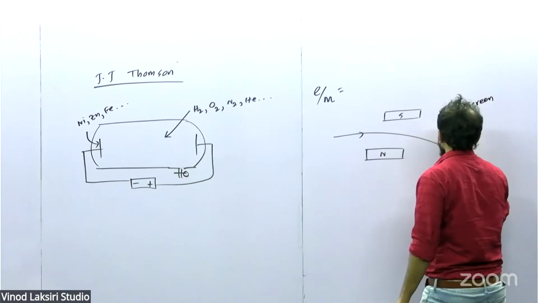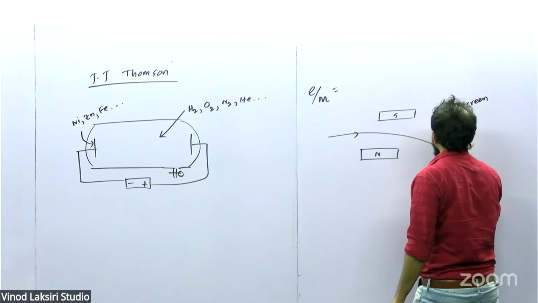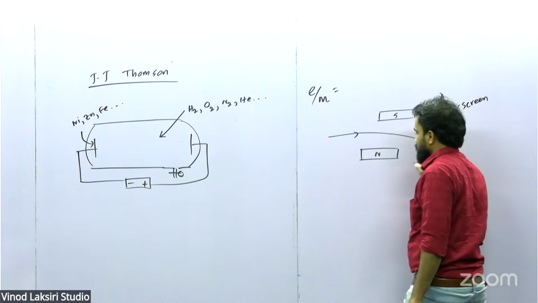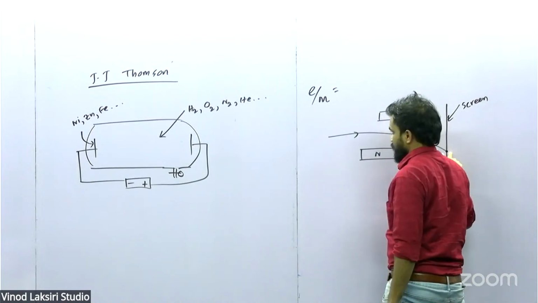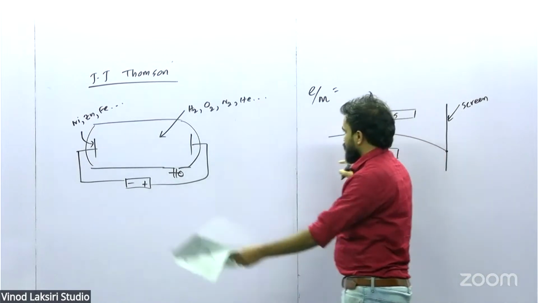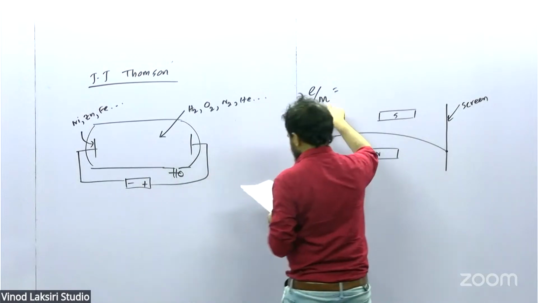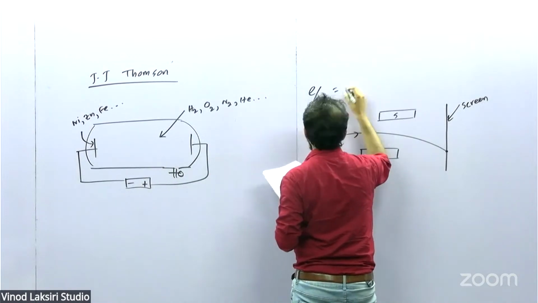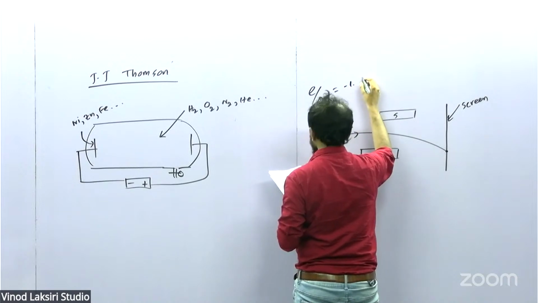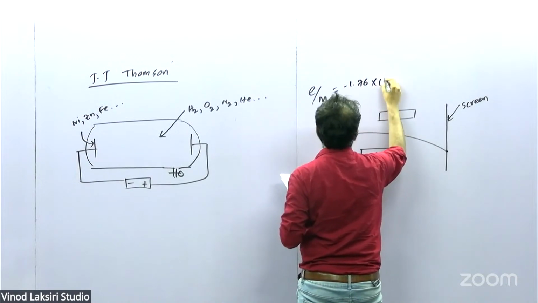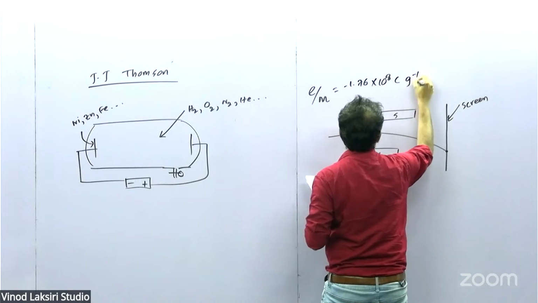In each case, the cathode ray hit the same position, the same point, right? Using a method, he determined the E divided by M value. It is minus 1.76 into 10 to the power 8 coulombs per gram.